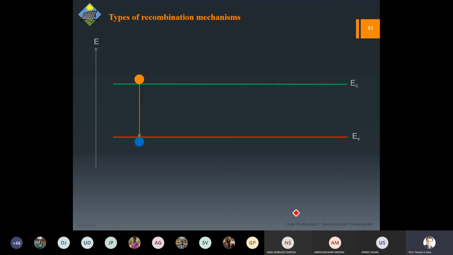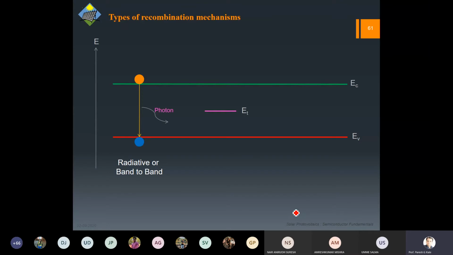When it drops to the valence band, it is going to lose energy, and this loss of energy is always accompanied by a photon. This kind of recombination is called radiative, because it radiates a photon, some light energy, or band to band, because it is happening between the two bands. As I've said, these two bands can be any two levels with some energy difference.